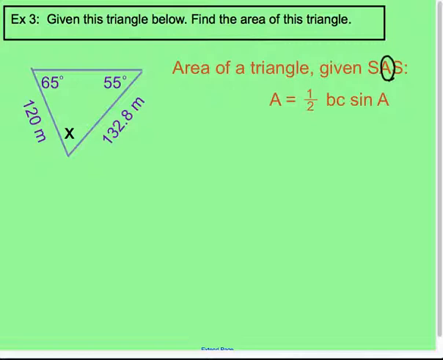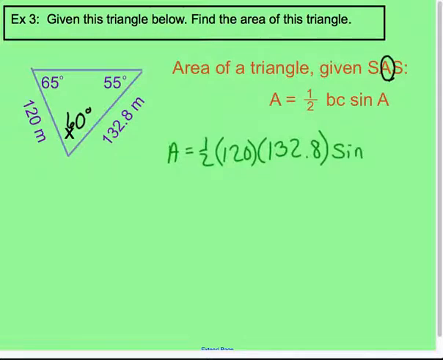I keep typing 108, which is not helpful. So I'm getting 60 degrees. All right, so now all I do is substitute into my formula. The two sides, so 120 and 132, times the sine of the included angle.